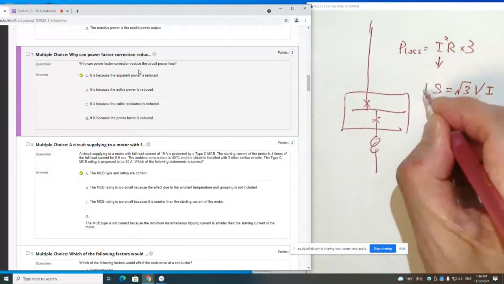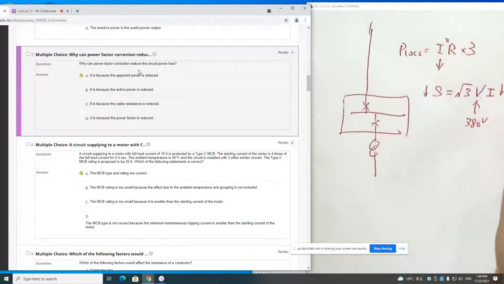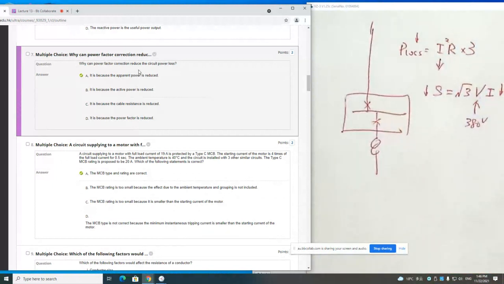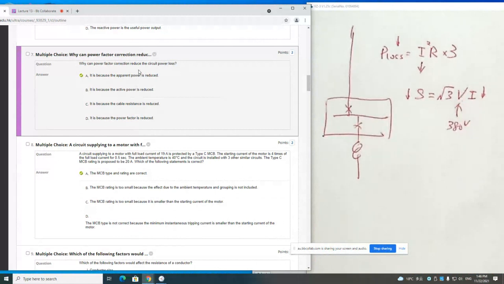So if the apparent power is reduced, the current is reduced. If the current is reduced, then the power loss is reduced, okay. So the loss in the circuit is reduced because the current in the circuit is reduced, or the apparent power is reduced. So the answer here is A.